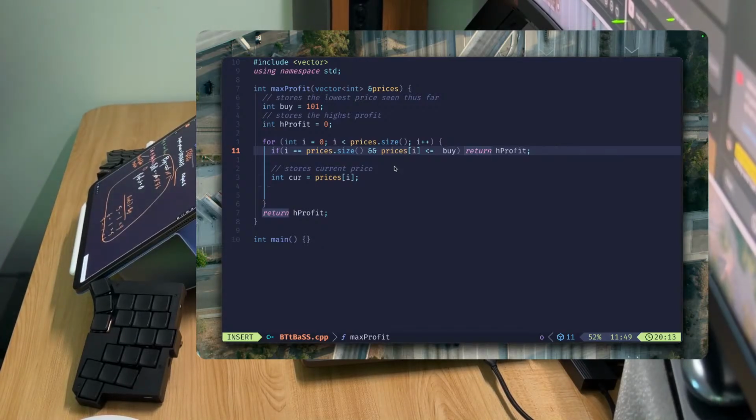So again, if the last value in the array is equal to buy, like in our case, the example where we had 1, we saw that lowest price, the buy price, on the second day, then we saw 1 again on the last day.